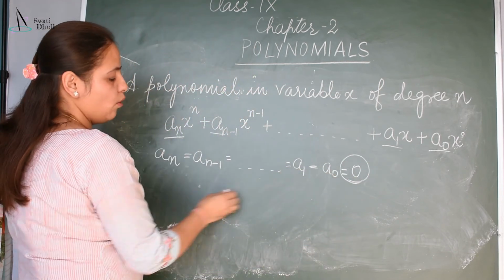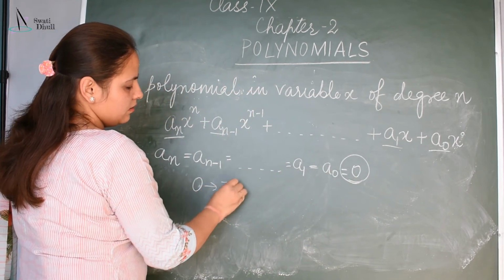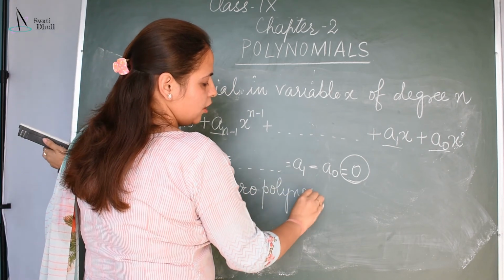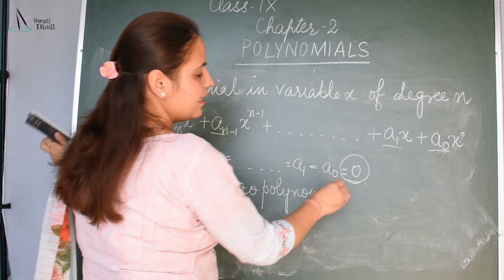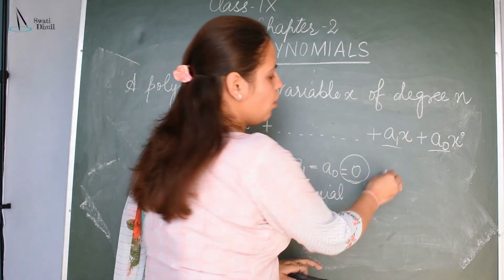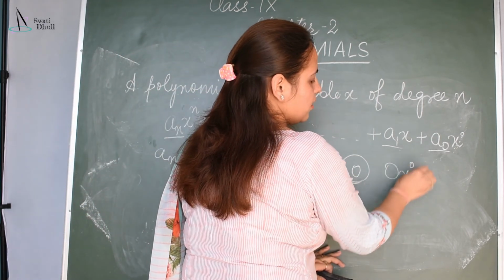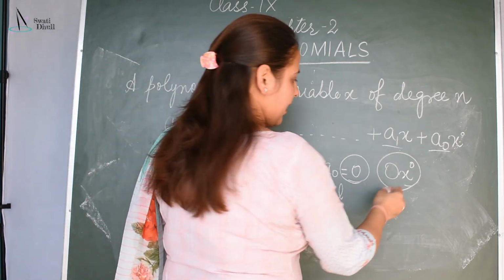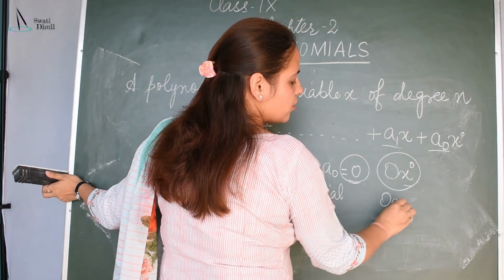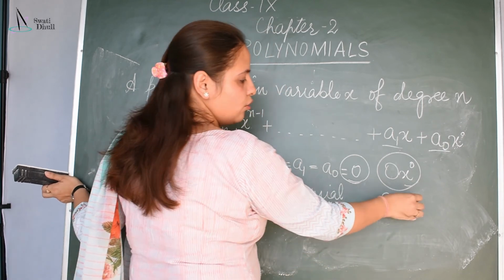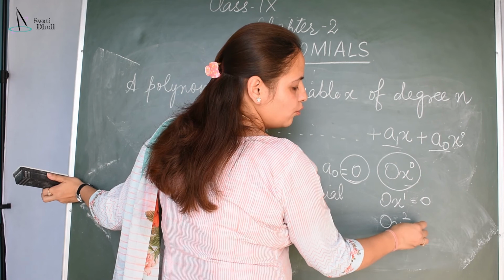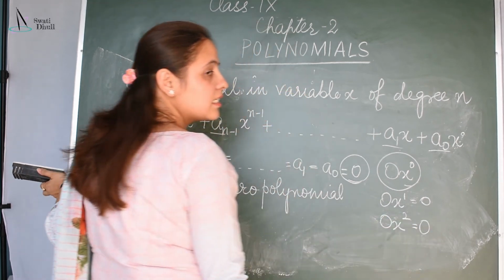This 0 is your 0 polynomial. If I write 0 into x to the power 0, it becomes 0. If I write 0 into x to the power 1, again you get 0. If I say 0 into x to the power 2, again you get 0.